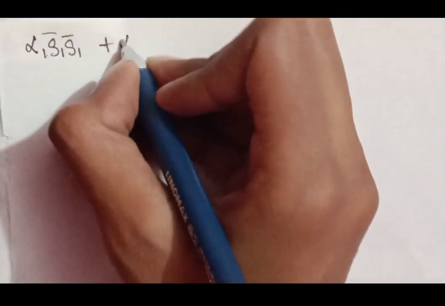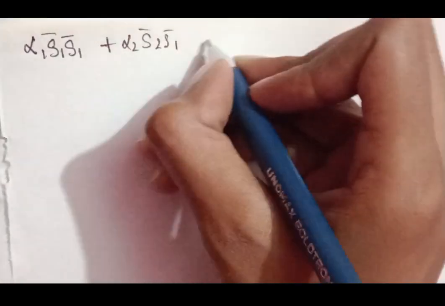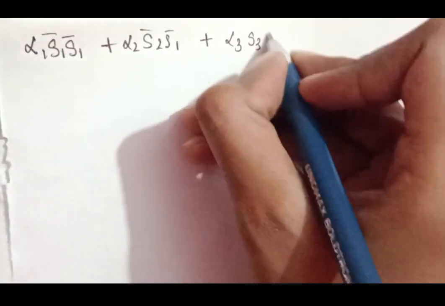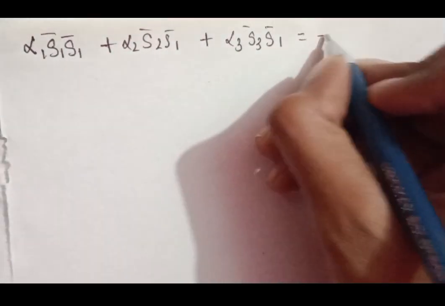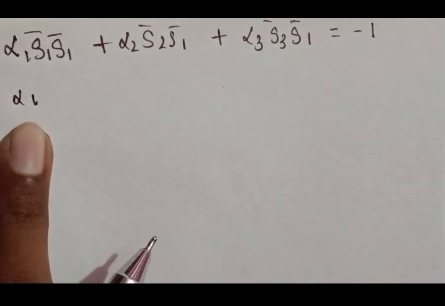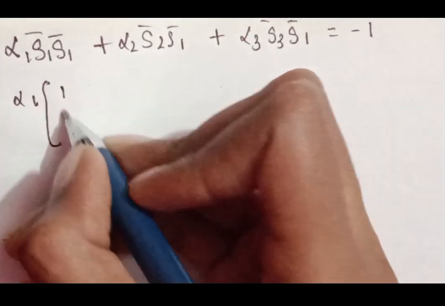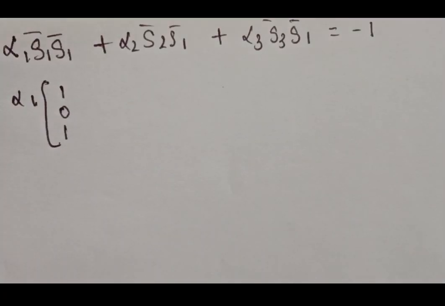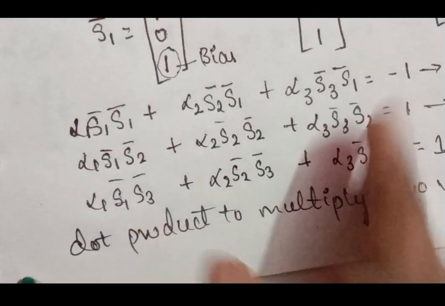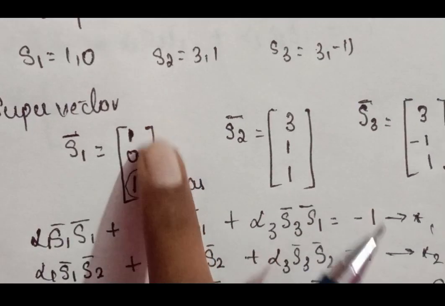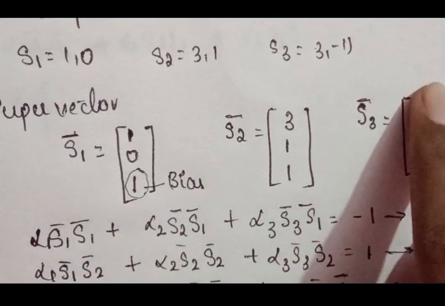Now considering the first formula, which is alpha 1 S1 S1 plus alpha 2 S2 S1 plus alpha 3 S3 S1, which is equal to minus 1. Alpha 1, keep it as it is. What is the value of S1? 1 0 1, right? S1 is 1 0 1, S2 is 3 1 1, S3 is 3 minus 1 1.